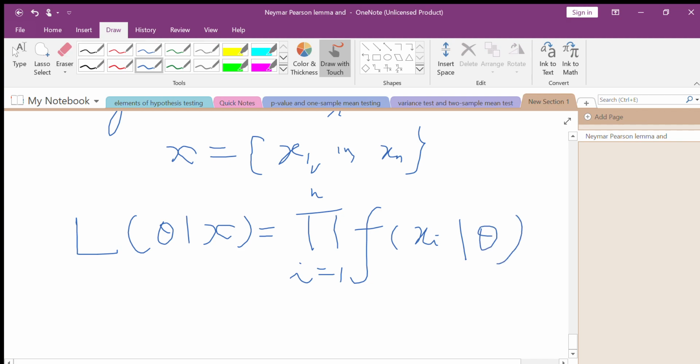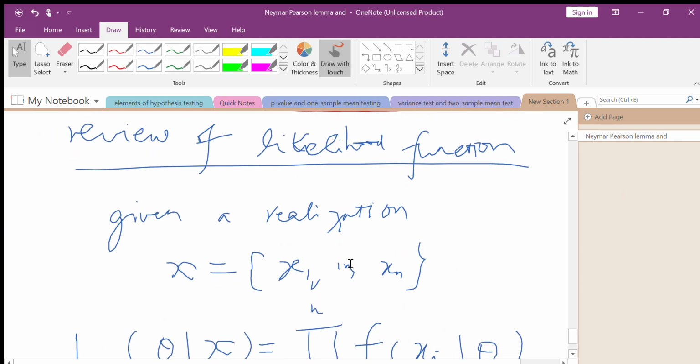So this is the definition of the likelihood function. It's just a product of PDFs.